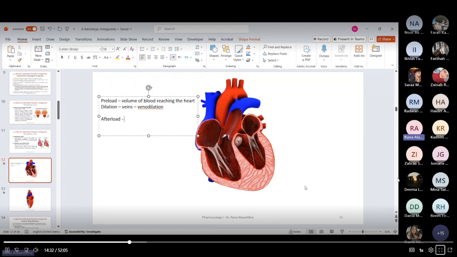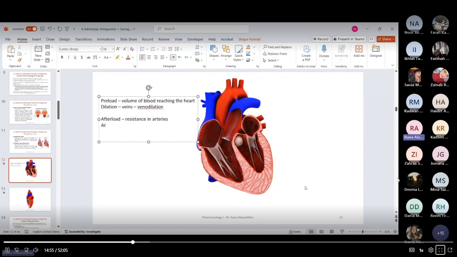The arteries control the blood pressure, so they are constricted the whole time. The more they are constricted, the more the heart needs to pump to overcome this constriction. Okay? And this is what we call the afterload. So this is the resistance in the arteries, and it's related to the arteries.